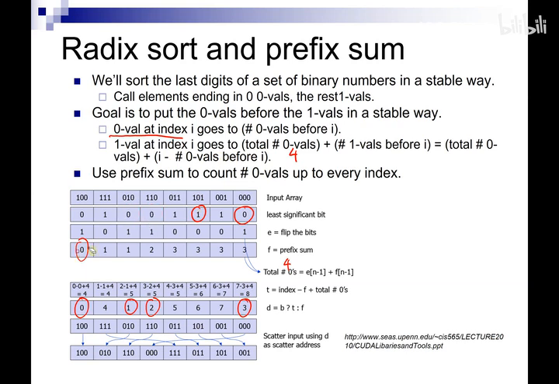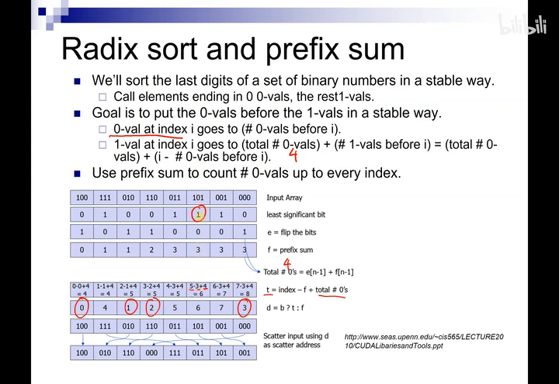As an example of how this works, suppose you take this 1 value here. Let me erase some of this stuff. So it's a 1 value. The position that it goes to, we can do this calculation here. First of all, the total number of zeros is going to be 4 over here. And the index is, so this is index number 5 over here. And then we need to subtract the number of 0 values, 3.